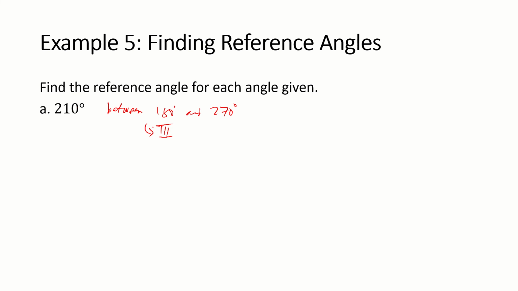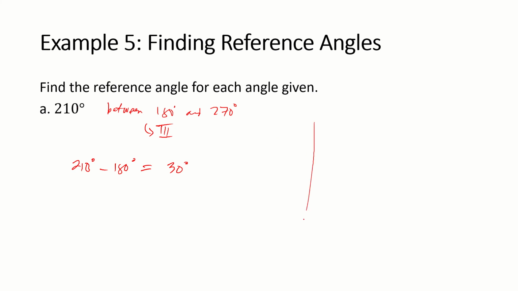When the terminal side is in quadrant 3, the reference angle is made by the terminal side and the x-axis. So to get it, you just have to subtract 180 degrees from the given angle measurement and you will get 30 degrees.